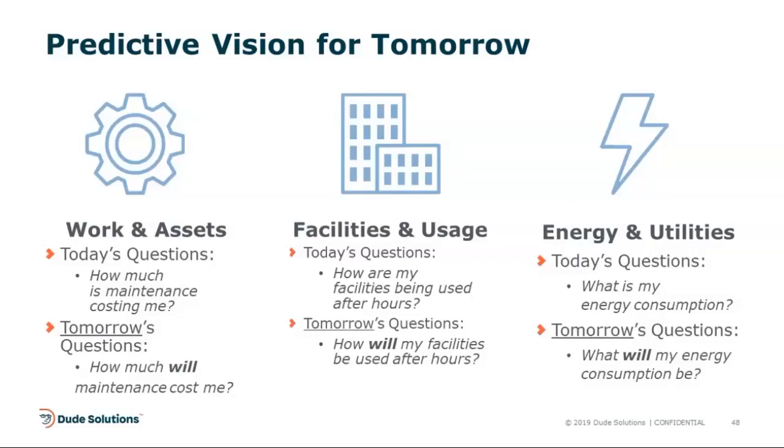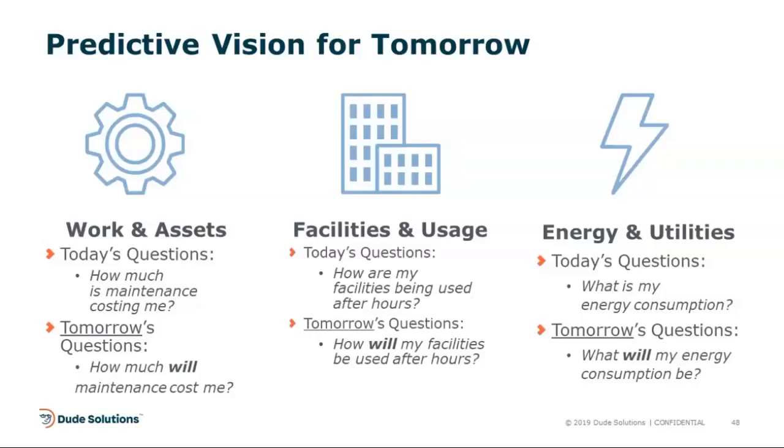How much will maintenance cost me in the future, that 1 to 2 years, 5 to 10 years, so that capacity planning or resource planning, budget planning can also account for that. How will facilities be used after hours, or is there a shift in how they might be used, how many hours, and then the energy consumption.